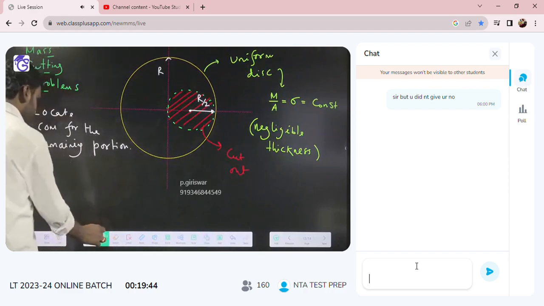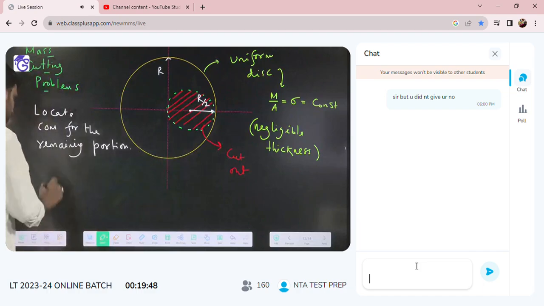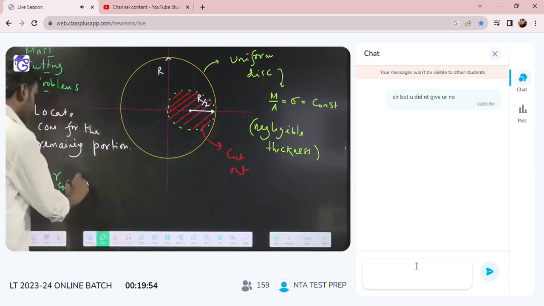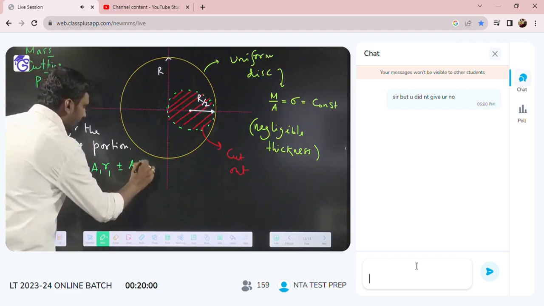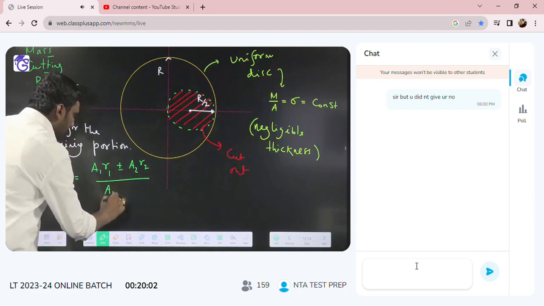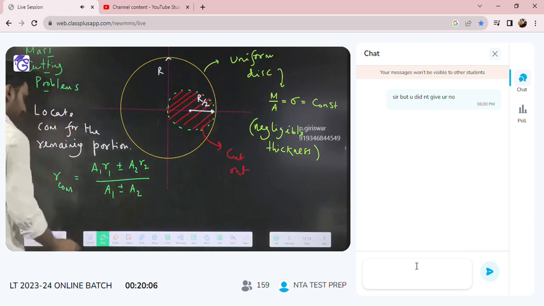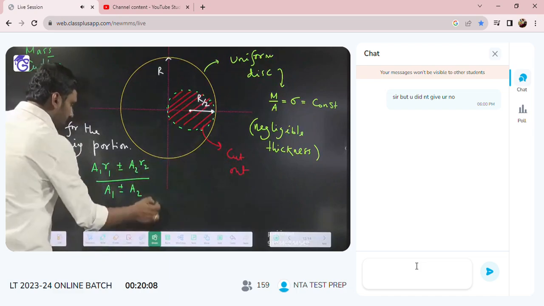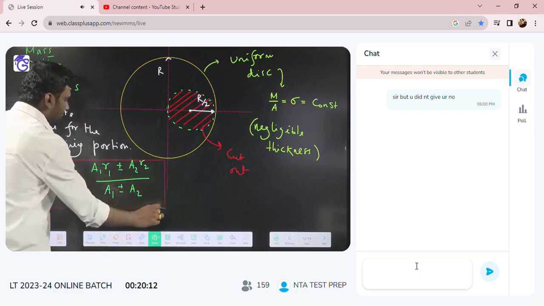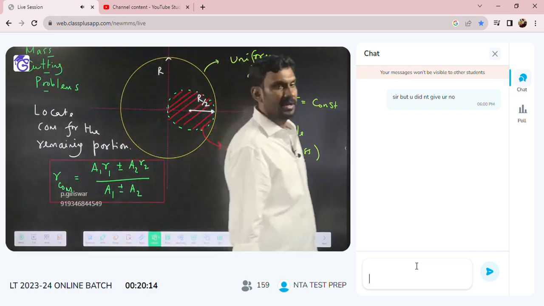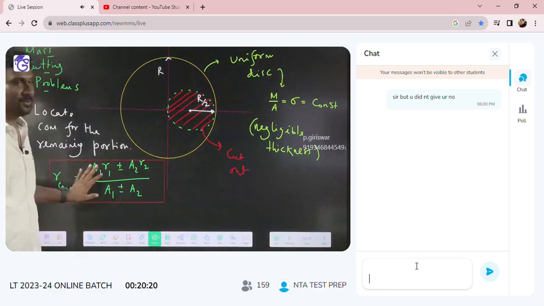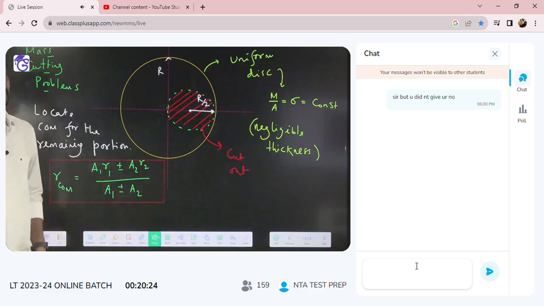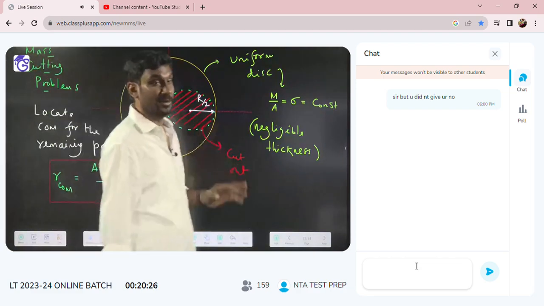Please note down, the formula is R center of mass is equal to A1 R1 plus minus A2 R2 divided by A1 plus minus A2. So that's the working formula.